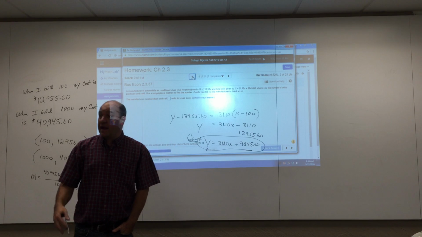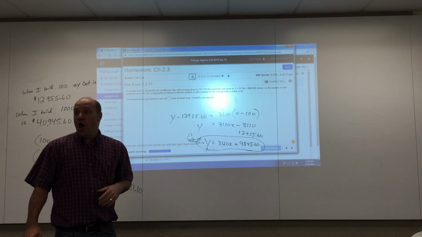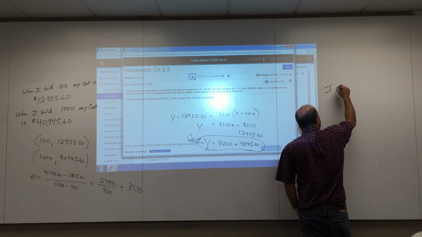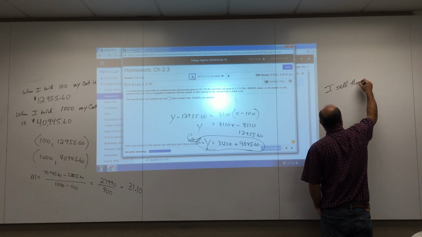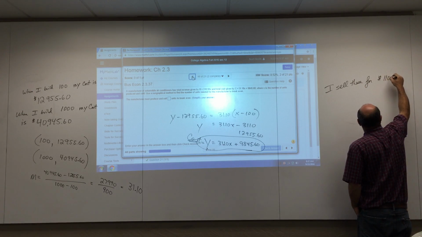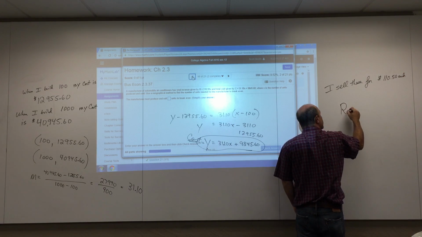What if I told you then I'm selling these air conditioners for a price of $110.50? I sell these things for $110.50 each. Then what's my revenue?